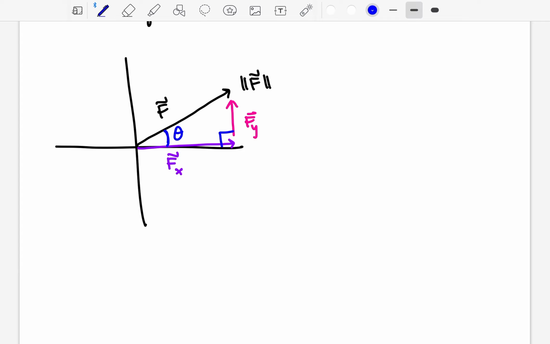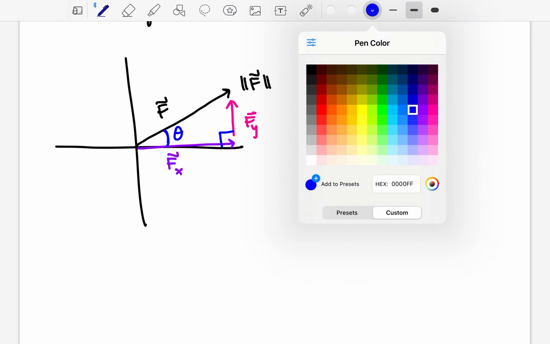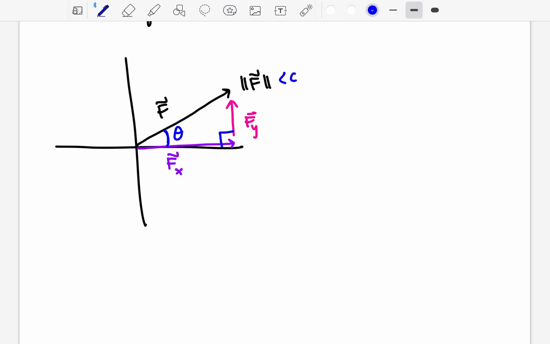So first of all, now that I know what angle we have, F has to be equal to the length of this vector, and the direction is going to be given by cosine theta, sine theta, as usual, okay? And if I want to find what the components are, it's enough to notice that cosine theta is equal to adjacent over hypotenuse.